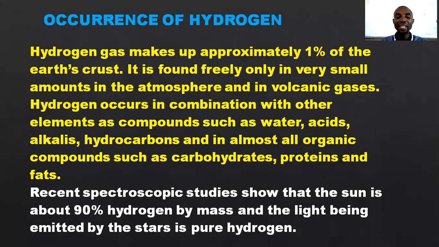The sun contains 90% hydrogen, and the star emits pure hydrogen as the emitting energy. That is massive.